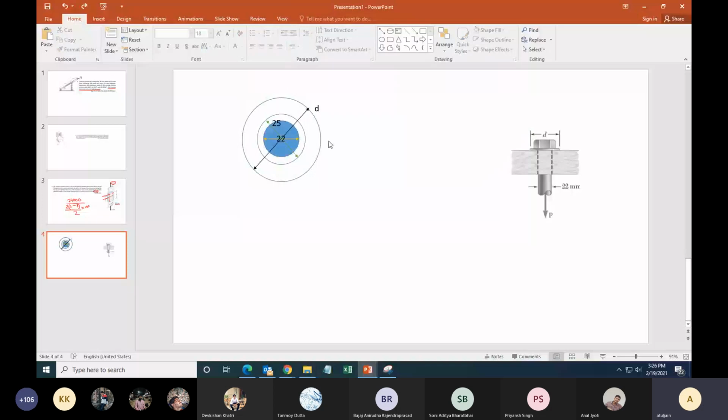It is this area between the two outermost circles, this region between this blue region, which is the diameter of this pin, and this 25. There is no contact between the pin and the wooden bar. So the bearing stress will be on this annular region, which is between the two outermost circles. I think if you get this, then the answer should come.